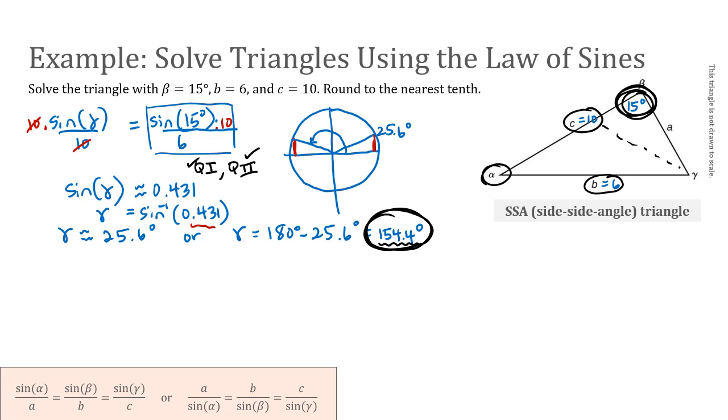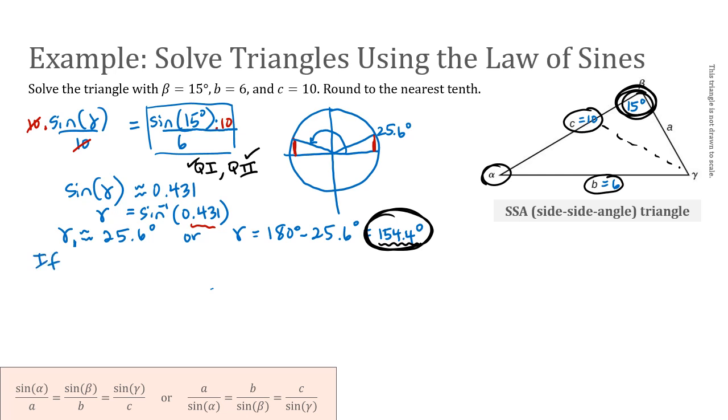So yes, I would have enough. Not a lot, but a little bit. So let's let the first gamma of 25.6 be called gamma sub 1.